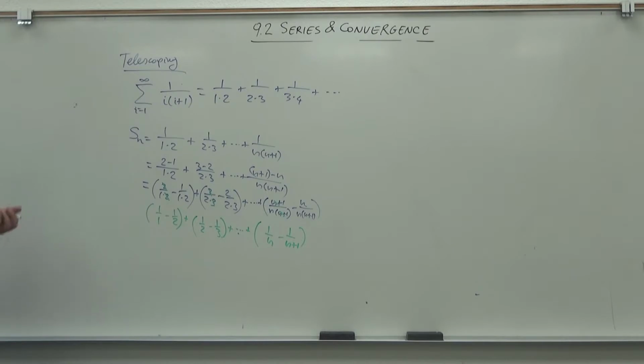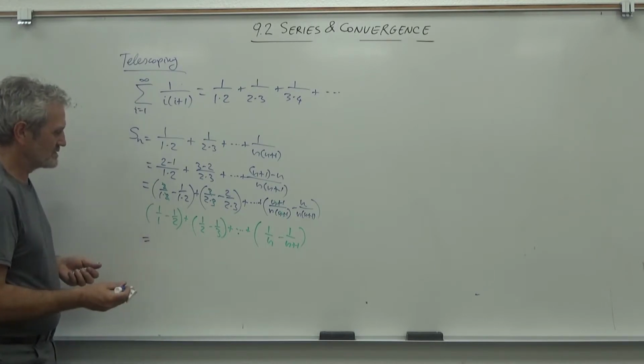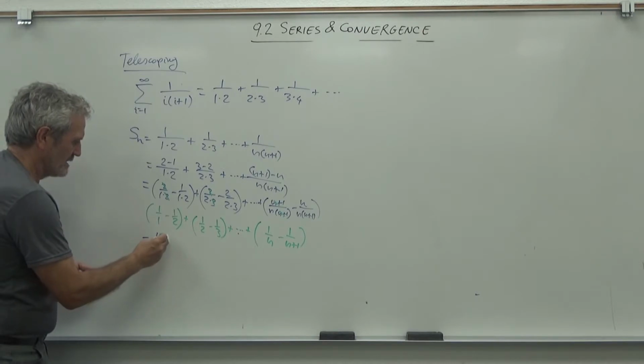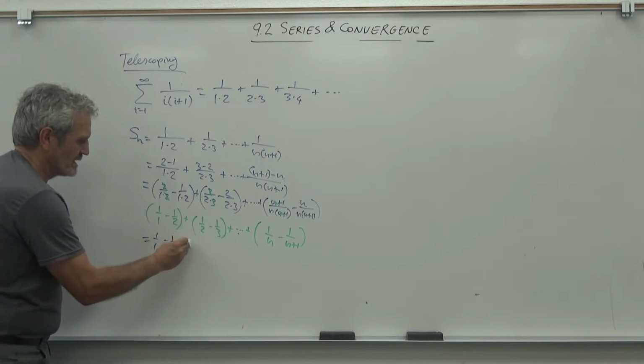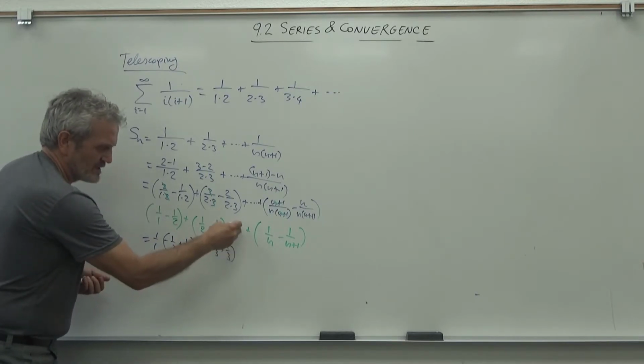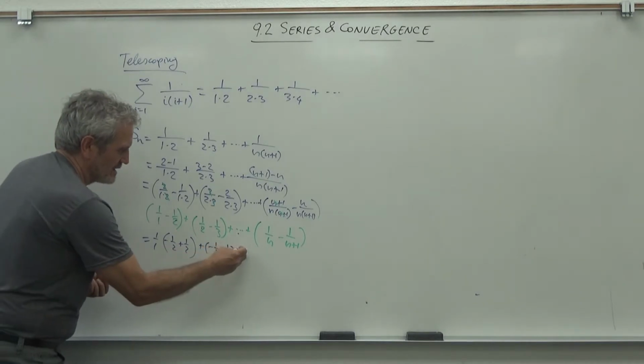And here comes actually what makes this spectacular. As I said, we rarely have this special situation. We just reorganize parentheses. So we get 1 over 1, and then minus 1 over 2 plus 1 over 2. Plus negative 1/3 plus 1/3. There is 1/3 here, 1/3 minus 1/4 that's hidden among the dots.